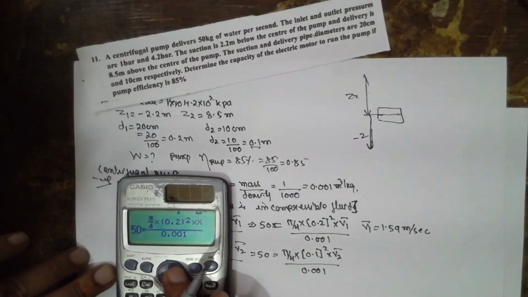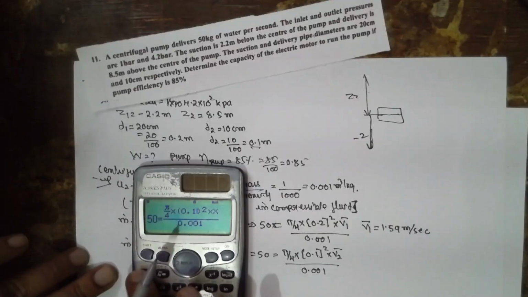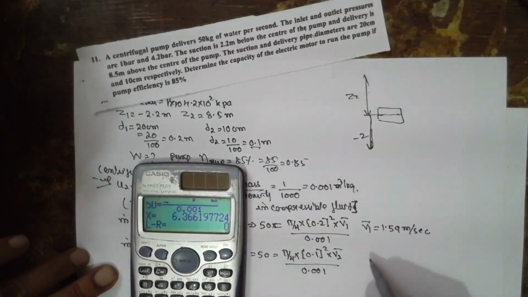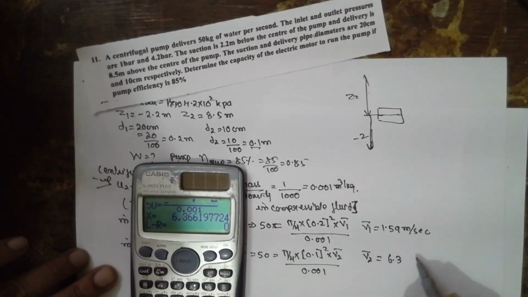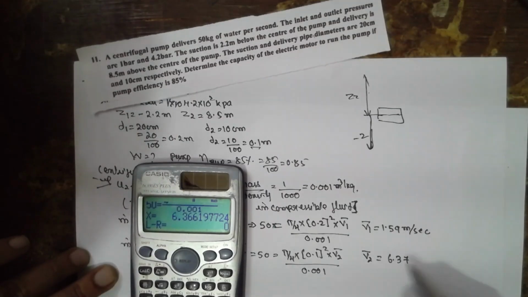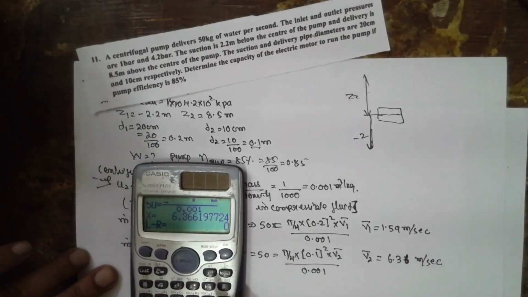Now in place of 0.2 we have to substitute 0.1. Shift solve is equal to, you will get V2 bar is equal to 6.36 meter per second.